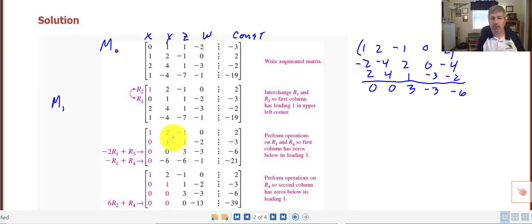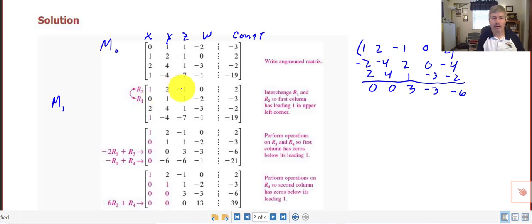So we've taken care of row 3, so now we need to take care of row 4. We need to eliminate this 1 and this -4. If we take the opposite of row 1 and add it to row 4, because we have equal coefficients here with 1 and 1, we multiply all this by -1 and add it to row 4.